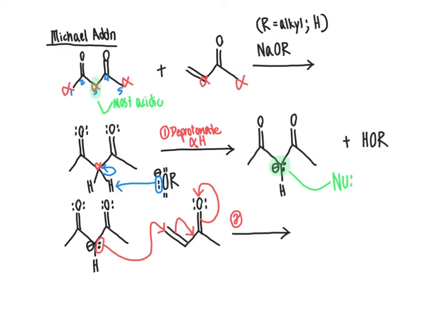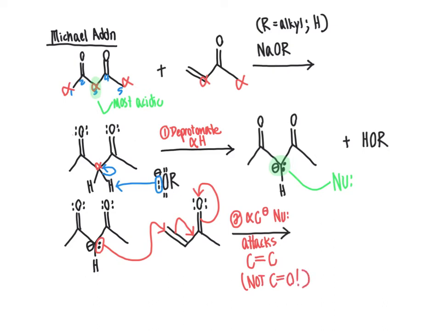So in step 2, what I'll emphasize here is that the alpha carbanion nucleophile is going to attack the carbon-carbon double bond, not the carbonyl.